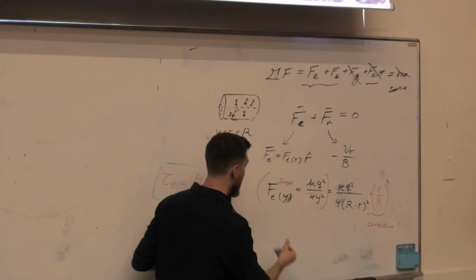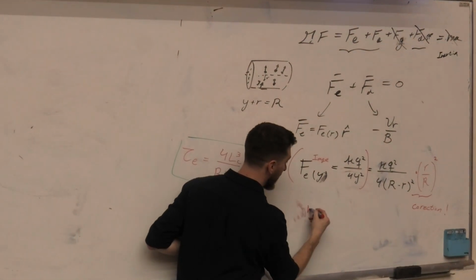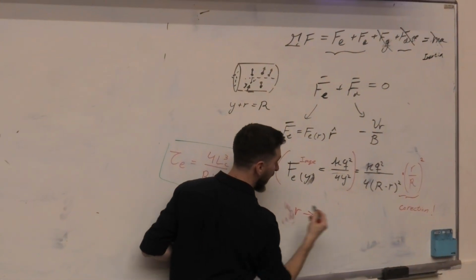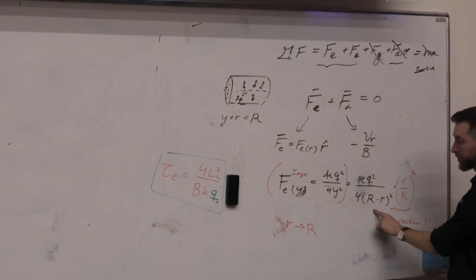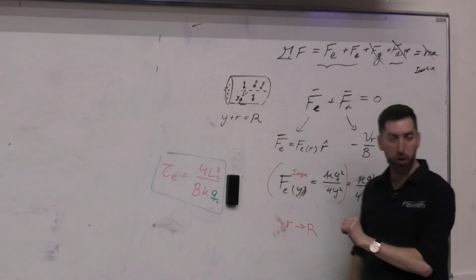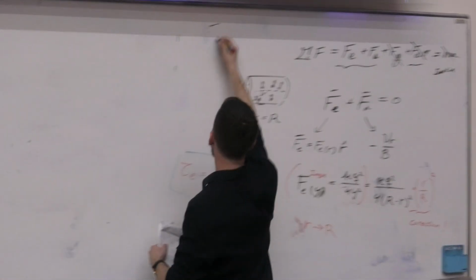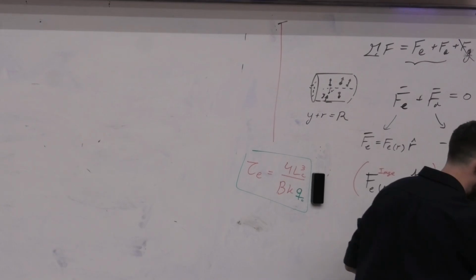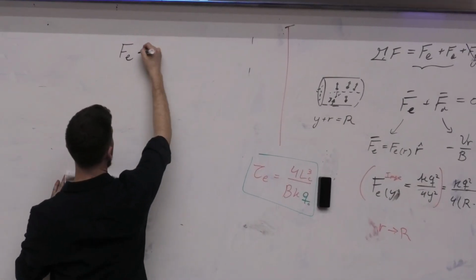And if I make R approximate to R, I'm going to get back this term, the image force. So this force, let's write it, Fe approximately.